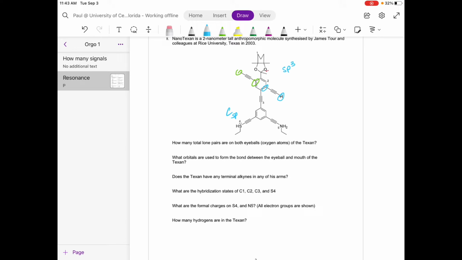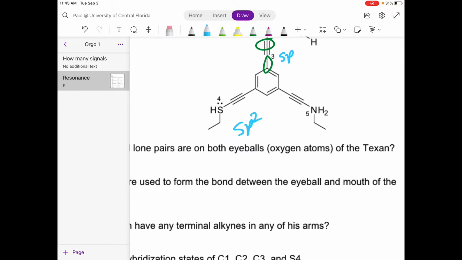What are the hybridization states of carbons 1, 2, and 3 and the sulfur atom? So let's zoom in there. The sulfur is in group 16, so it has 6 valence electrons. I count 2 there, 3, 4, and then the hydrogen atom right here coming off 5.